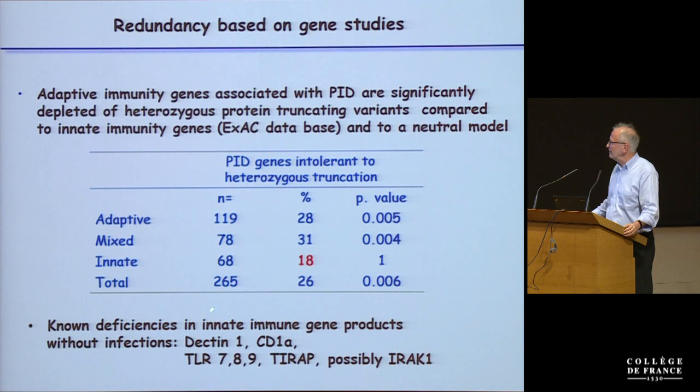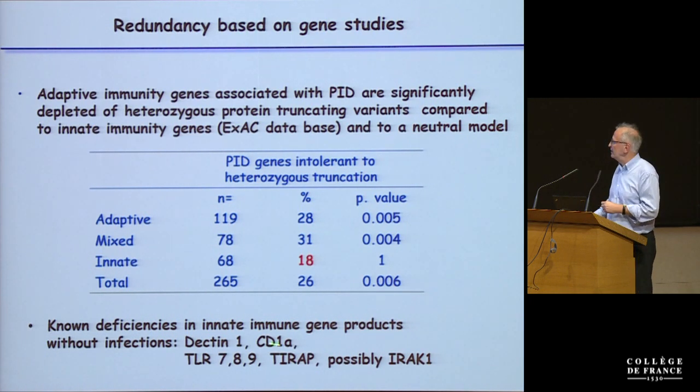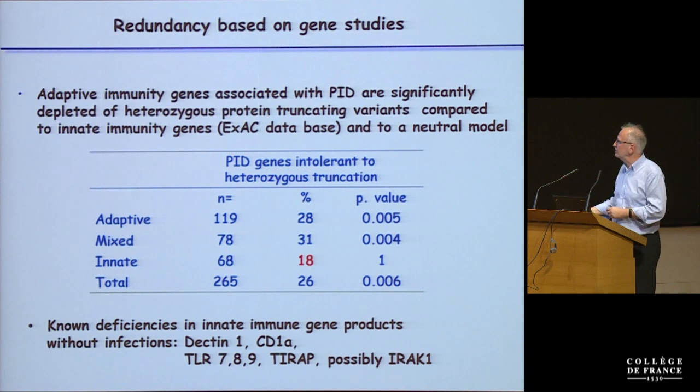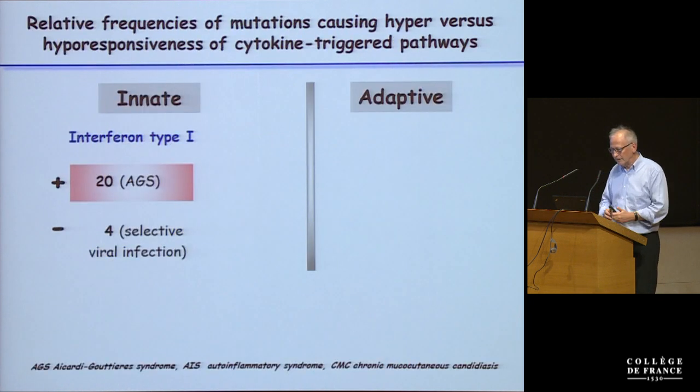Interestingly, TLR7, 8, 9, TRAP, and possibly IRAK1, important molecules in toll-like receptor pathways, have been found absent in individuals without any susceptibility to infections. So all of these data converge with the concept that these innate immunity pathways are, at least in part, redundant.